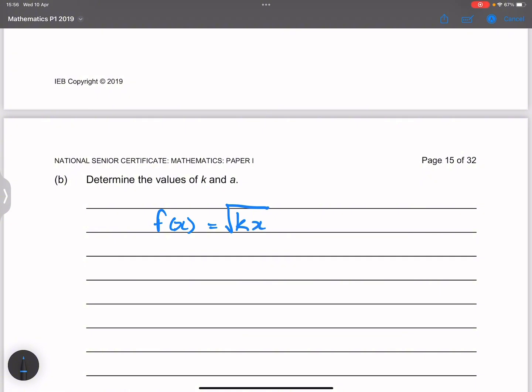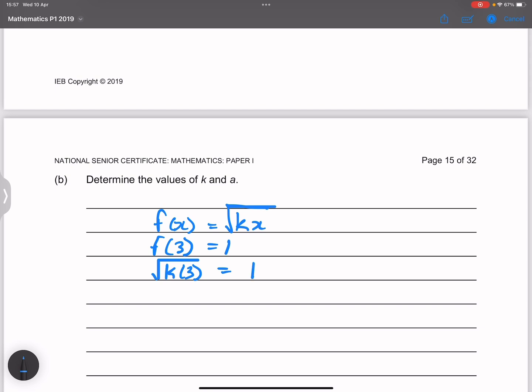Now I know this graph, when f of 3 would be equal to 1. So I'm going to substitute that point there. That means that when I substitute, the square root of k, we don't know what k is, times 3, this would be equal to 1.